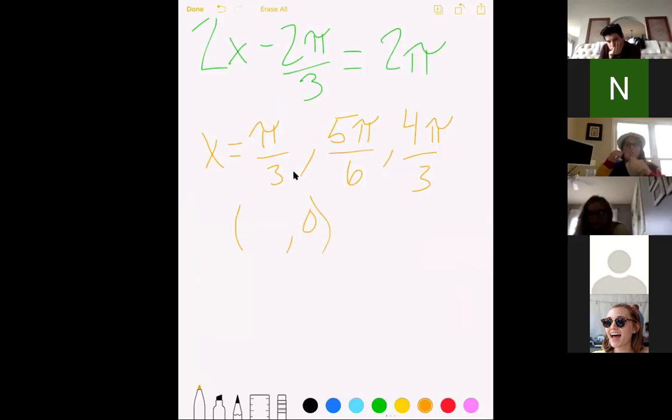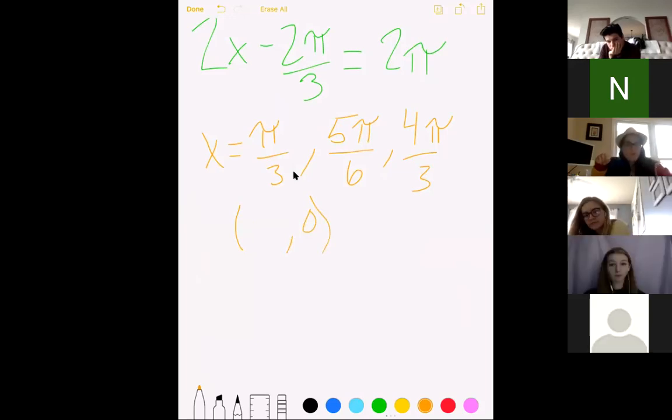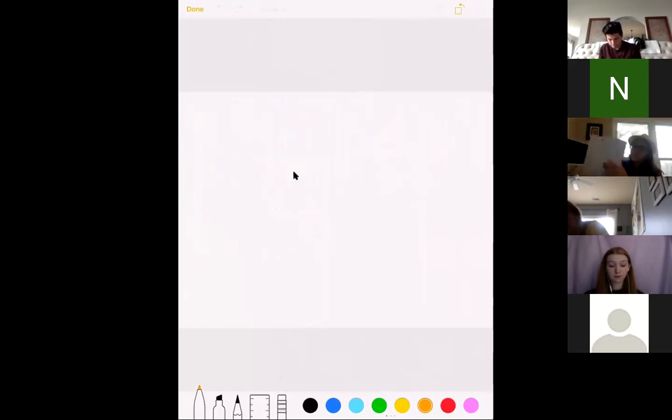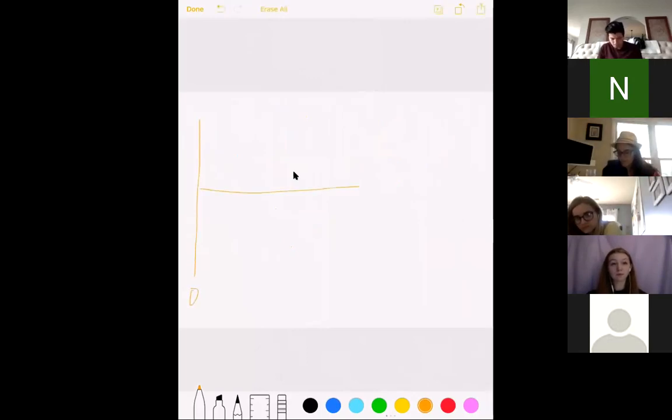Okay, so for 3C, in order to sketch it, what we end up doing is we're going from 0 to 2 pi. And we know where our zeros are. And we had 3 of them.